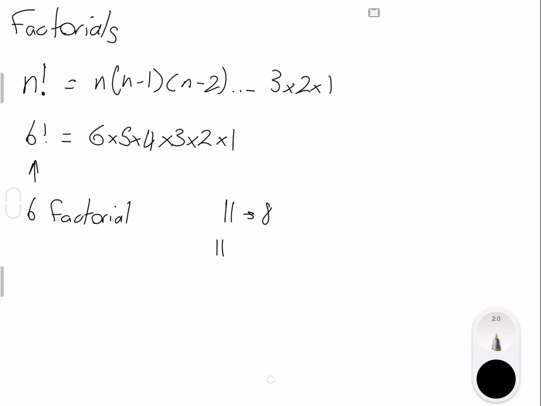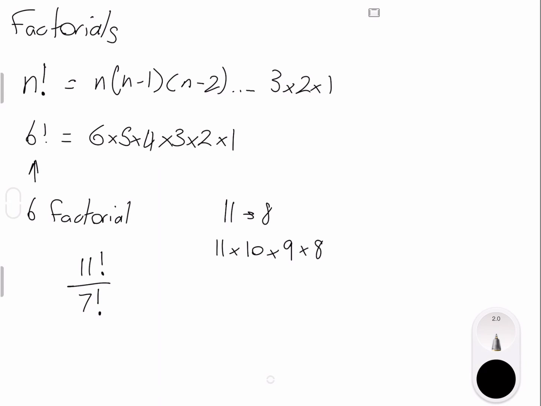Where it's just 11 times 10 times 9 times 8. We can plug it into a calculator, or what we could do is go 11 factorial and divide that by 7 factorial. Now, where does this 7 come from?